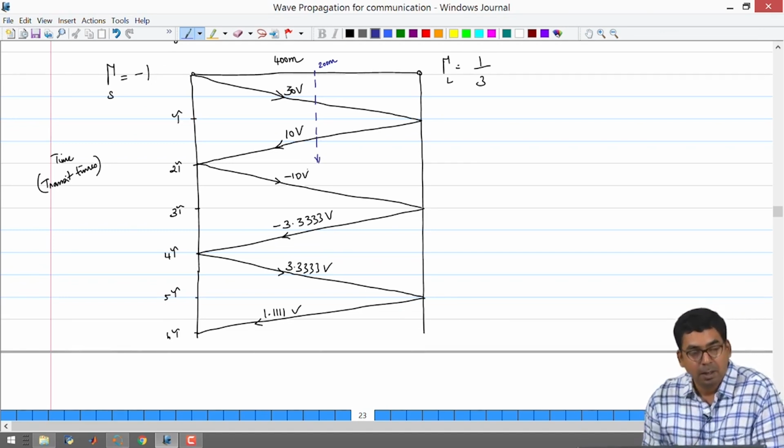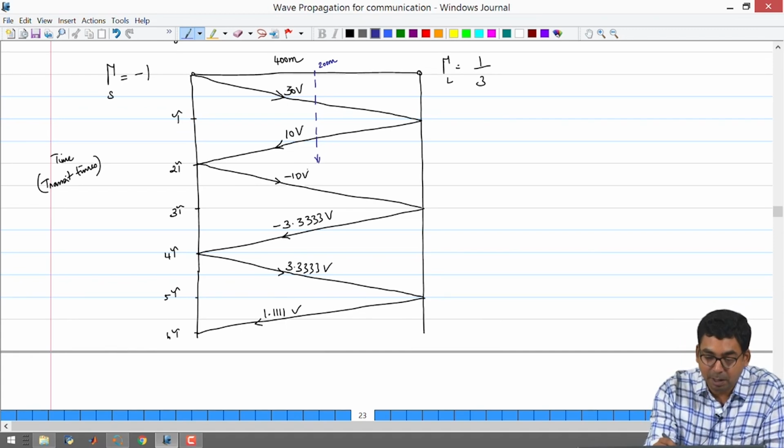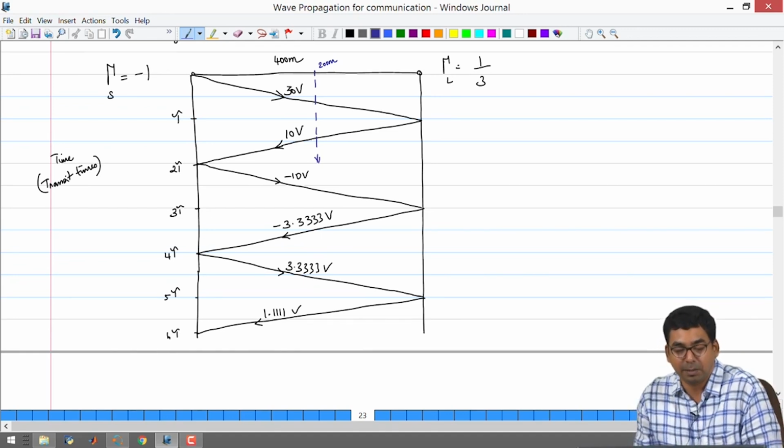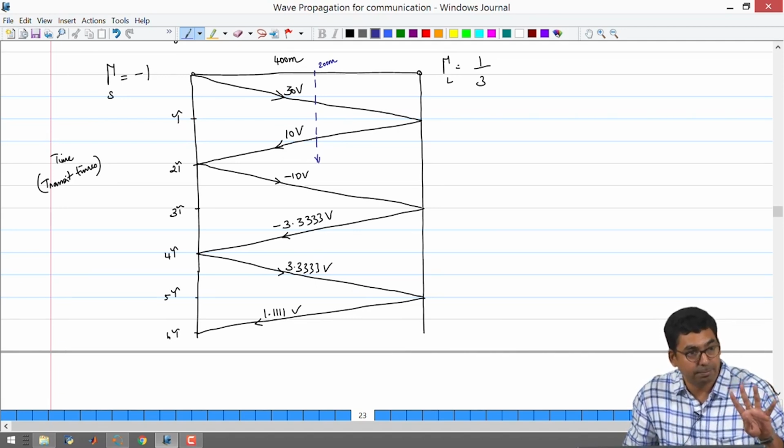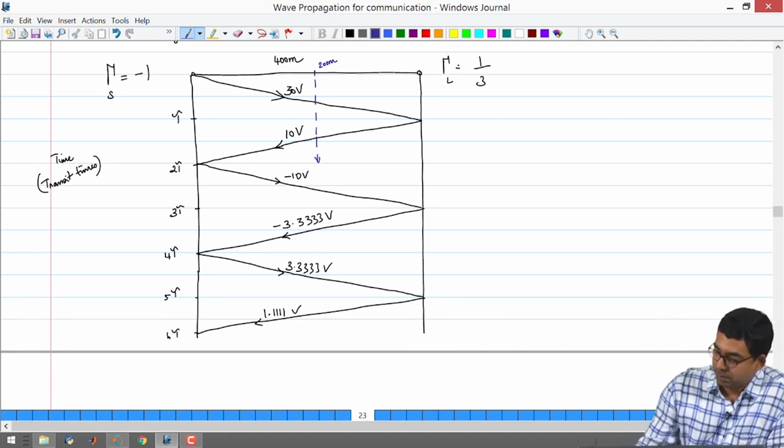Okay. So you will be having 30 volts coming from the source side, 10 volts coming back from the load side. So at that instant of time, after 2 transit times at z equal to 200 meters, you will be having 40 volts.